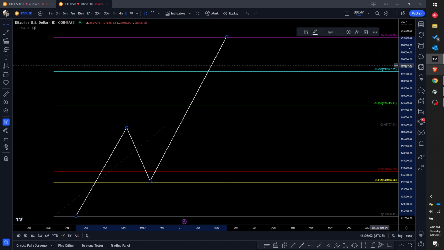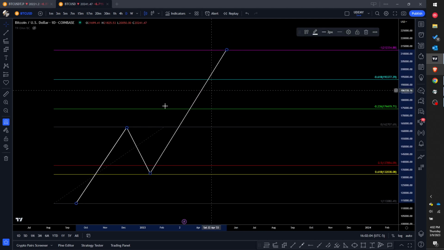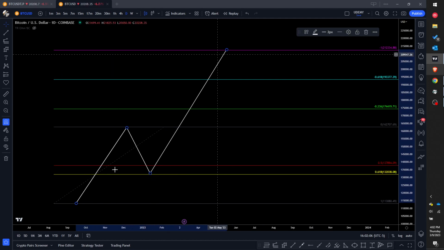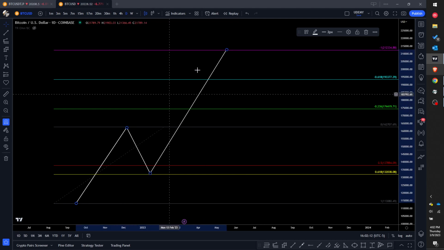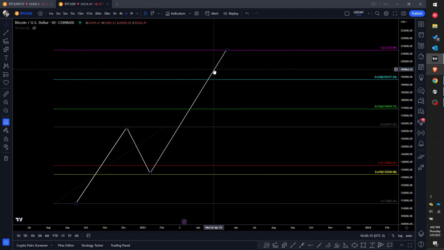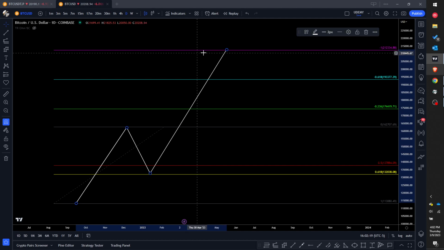For those of you that know Elliott wave, you can see that this looks like a 1, 2, 3 or an ABC, because the C and the 3 are always the longest. They're always the best to trade because of that too.